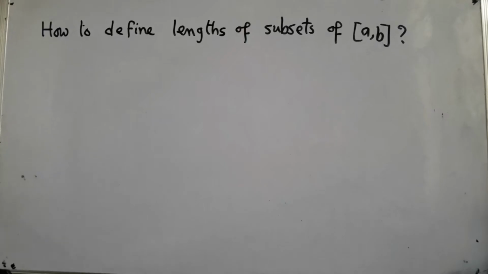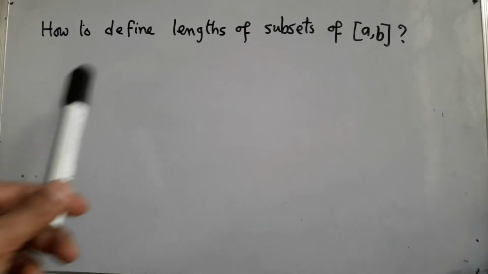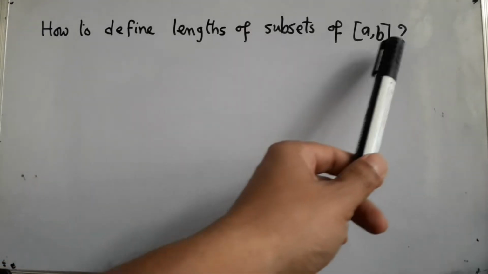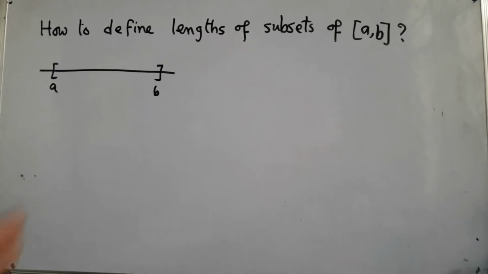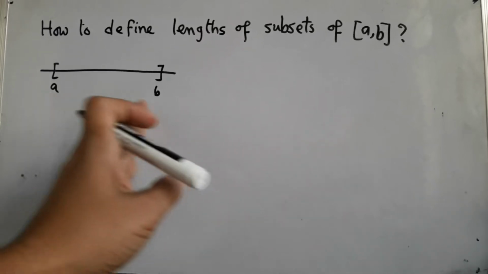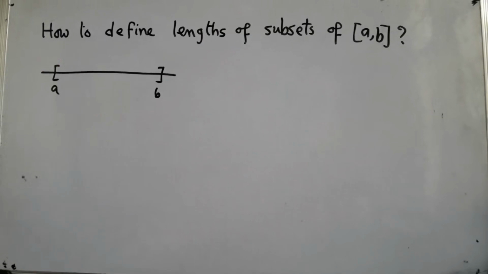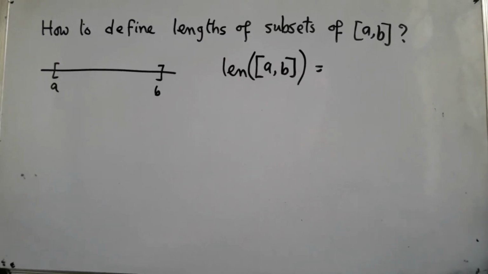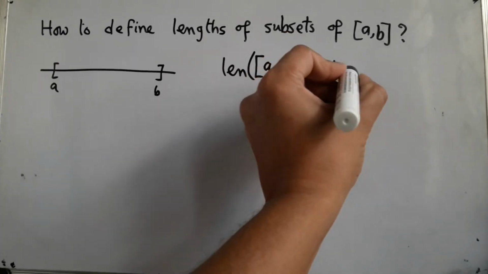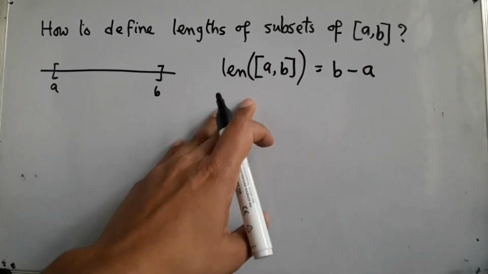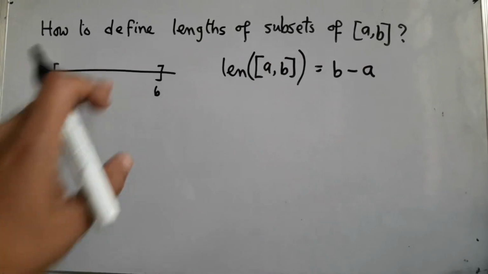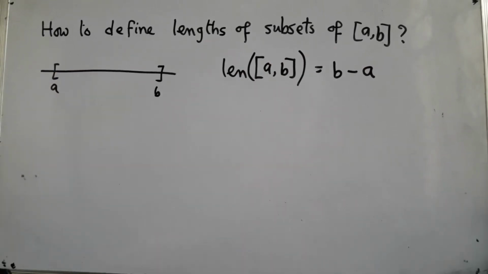Let us explore the question of how to define lengths of subsets of some closed bounded interval AB. For certain subsets it is quite easy. For instance, if I take the entire interval itself, you immediately know that the length should be just B minus A. And in fact, this prescription works whenever you have any closed interval.